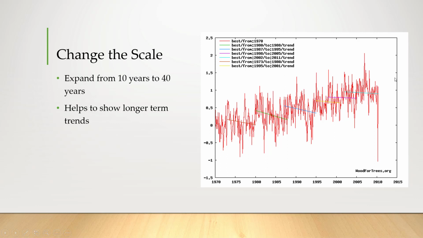So somebody has gone and added a trend line every 10 years just to show the change in temperature over 10 years. But as you can see, there is a general increase over 40 years. And now that's a little bit easier to see that you have the 40 years of data.